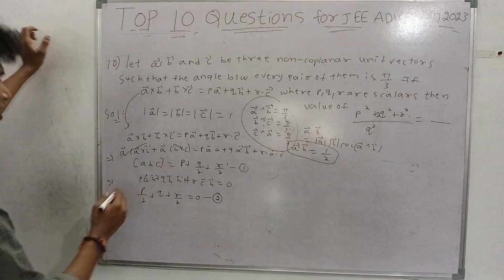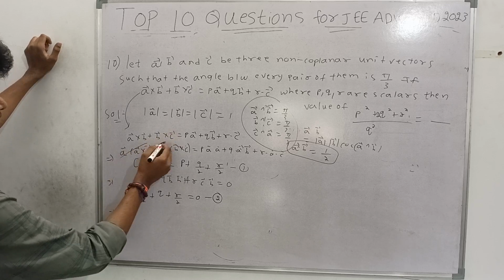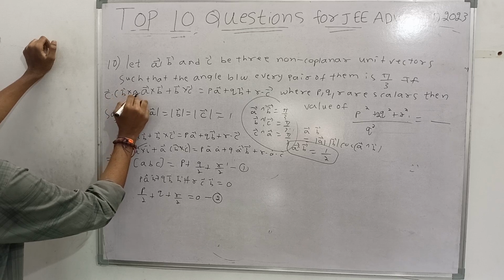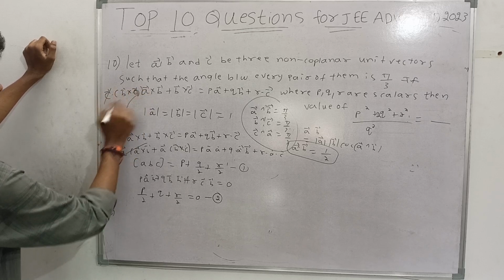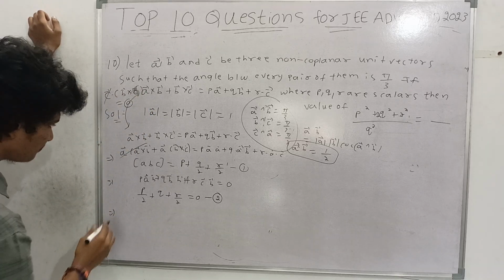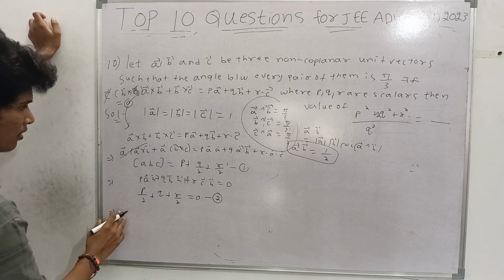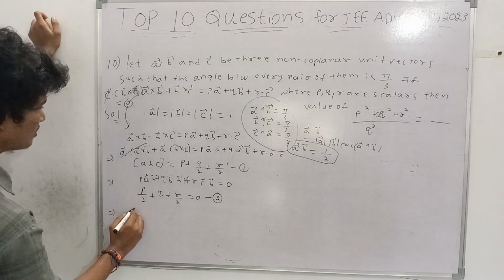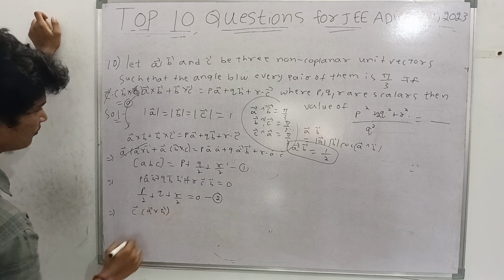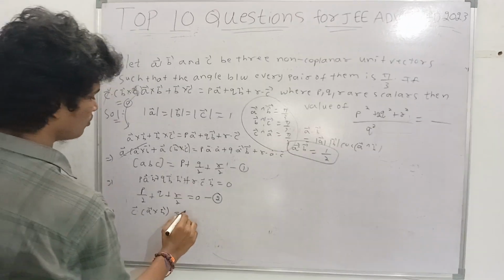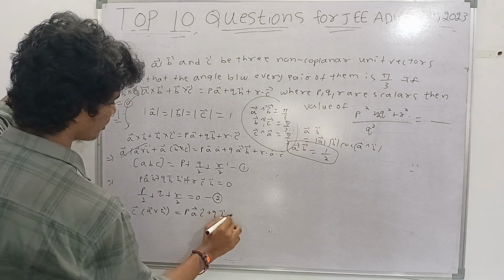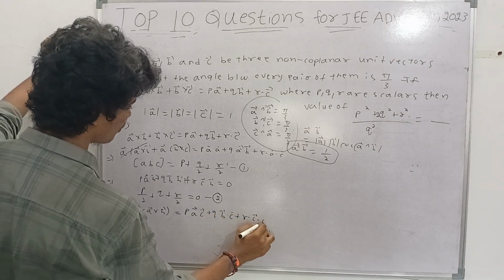Suppose I do the dot product with c, what will I get? This thing will be 0 because it is c vector dot b vector cross c vector. When two vectors are parallel, the box product will be 0. So what will I get here? Here it is c vector dot a vector cross b vector, which equals p into a vector dot c vector plus q into b vector dot c vector plus r into c vector dot c vector.